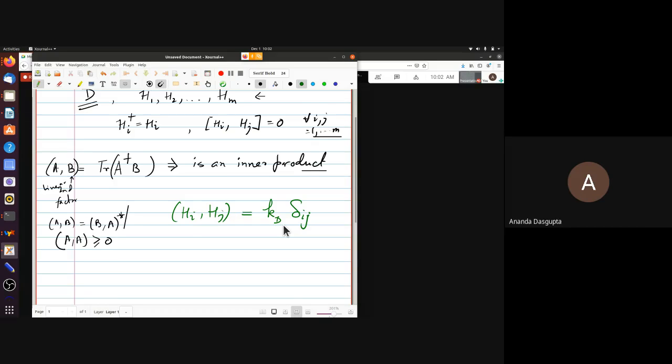This k is simply for convenience, especially because in physical applications, sometimes the normalization is dictated by other things, not by geometric convenience like you want unit length, but by, say, if you're using SU3, for example, you will find some physical quantities connected with these Hi's. Of course, they are commuting.